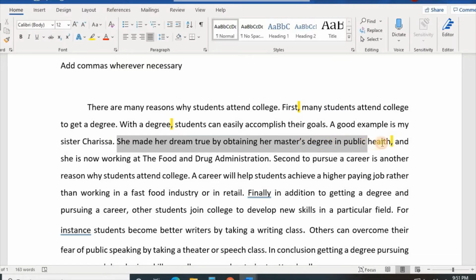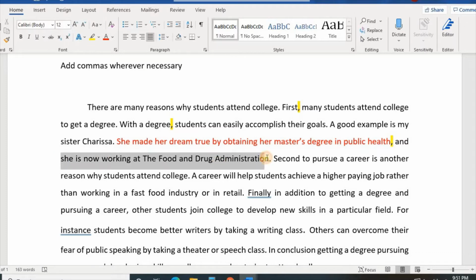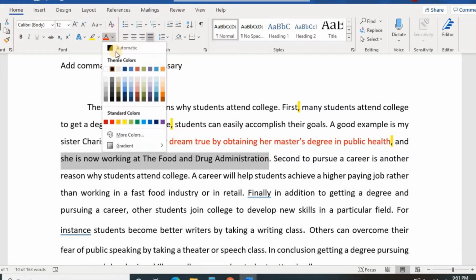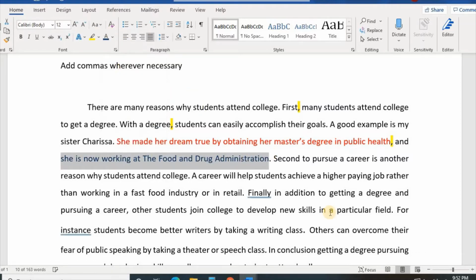This is the first independent clause. I'll try to highlight it in red. And then, she's now working at the Food and Drug Administration. This is the second independent clause, and I highlight this one as well with another color. Let's choose maybe blue. Okay, so here we have two independent clauses joined with and, therefore we need the comma before the and.